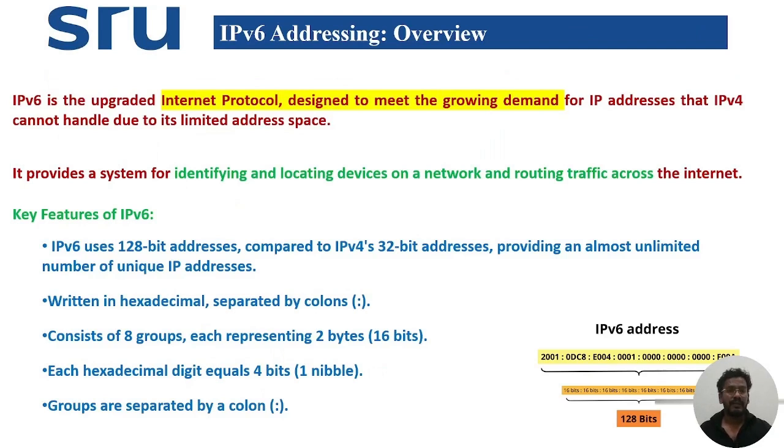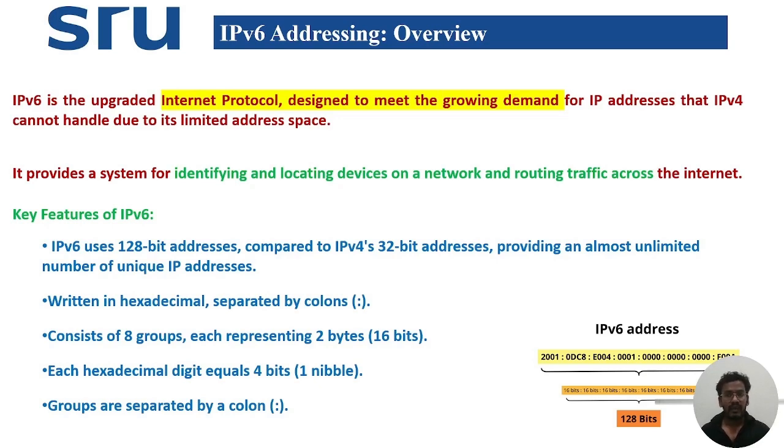What is meant by the IPv6 address overview? As we know, in the previous lecture I discussed the IPv4 address. Coming to IP version 6, it is an upgraded internet protocol. It is designed to meet the growing demand for IP addresses that cannot be handled due to the limited address space of IPv4.